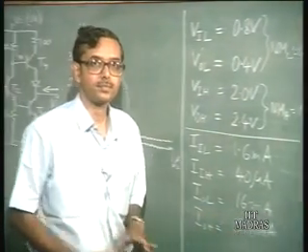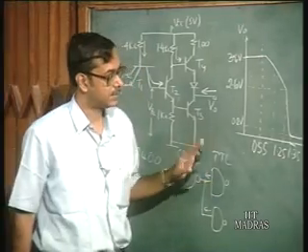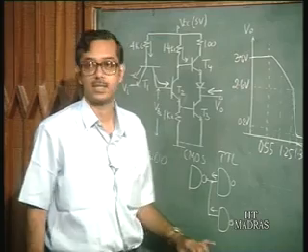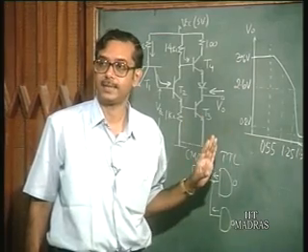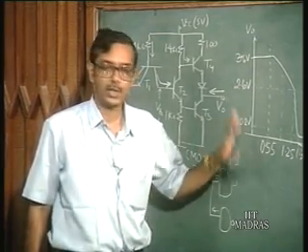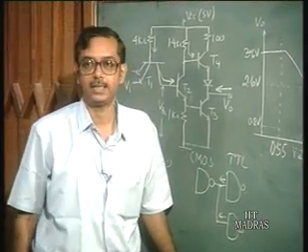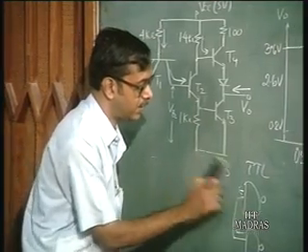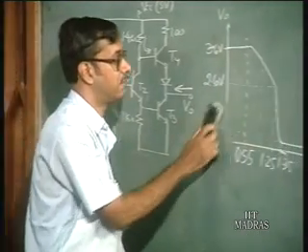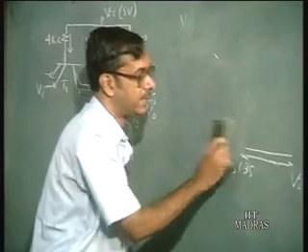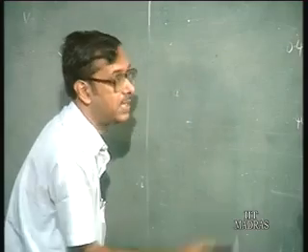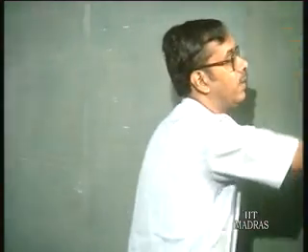So, this gives you the complete specifications of the TTL 7400 series NAND gate. I think we have discussed this gate in great detail, and we shall now move on to the next series in this TTL gate family, that is the Schottky TTL.